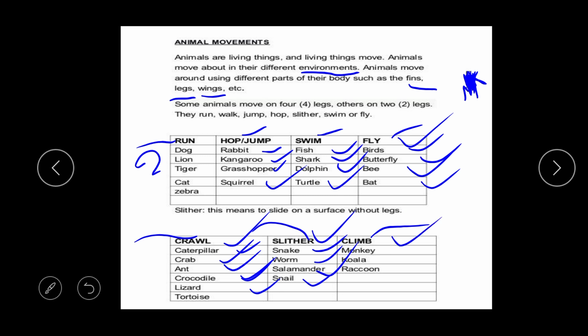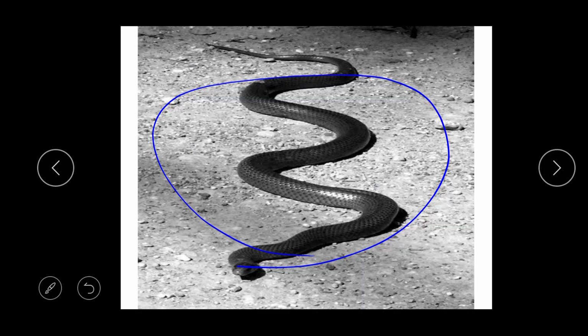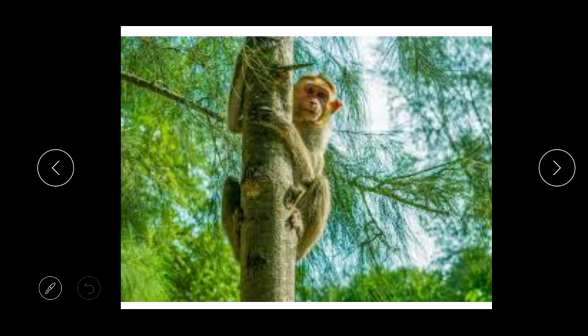Let's look at the last animal movement. We have climb. Animals that climb include the monkey. Look at this monkey climbing the tree.